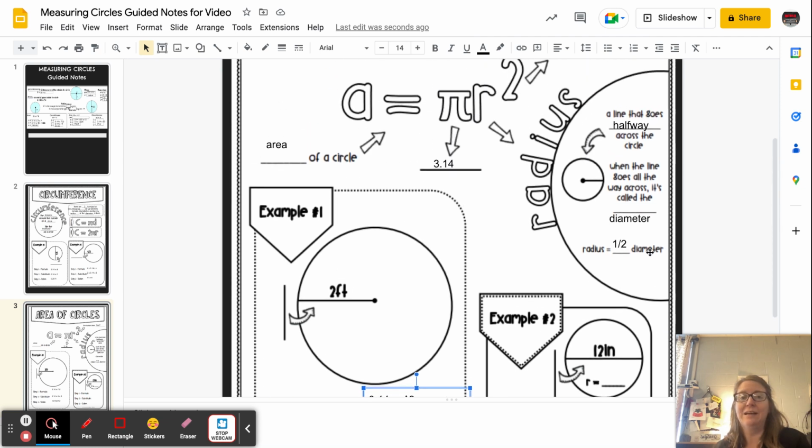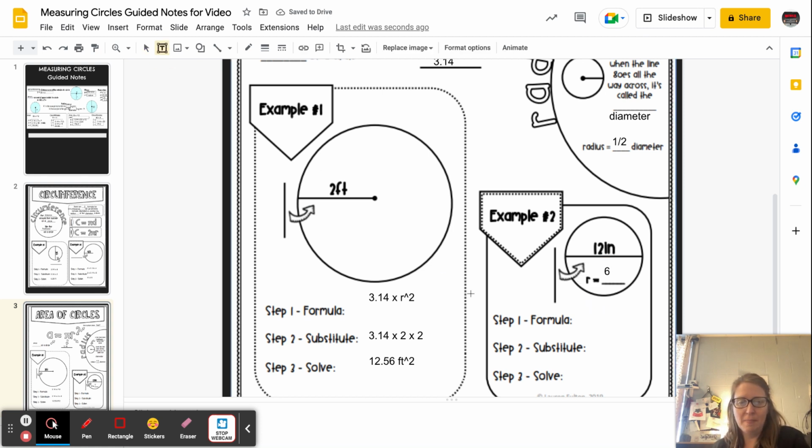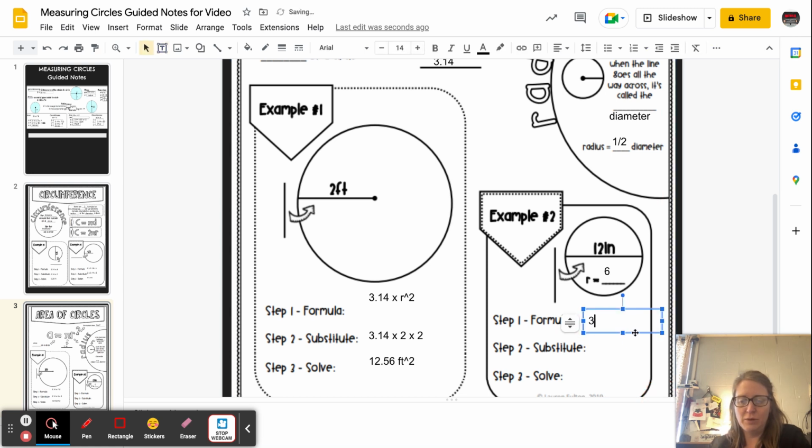All right, and then the last example here is you got the diameter or the distance all the way across. Well, we need the radius. So if the distance all the way across is 12, then its radius is 6. So you're going to put a 6 in here. And then we're going to go through the formula again. Area equals pi times radius squared. So 3.14 is our approximate times our radius to the second power.